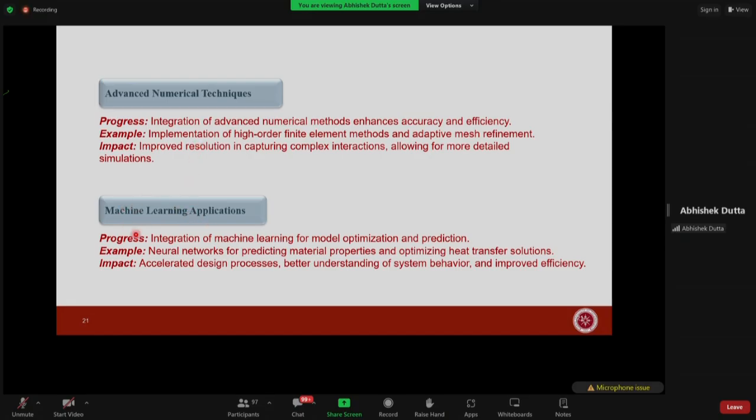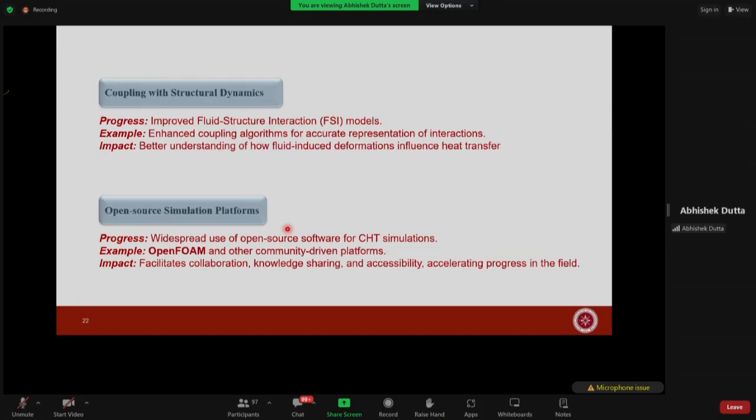There are also machine learning applications going on. These are typically called physics-informed neural networks. You might have heard about this term quite often, and this is basically all about integrating machine learning for optimization and prediction for conjugated heat transfer problems.